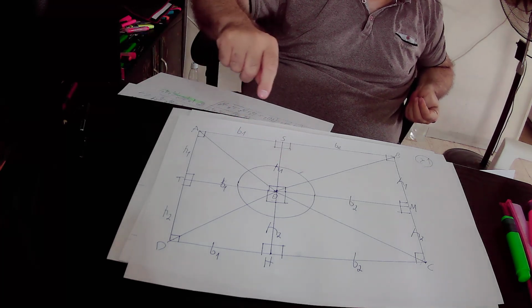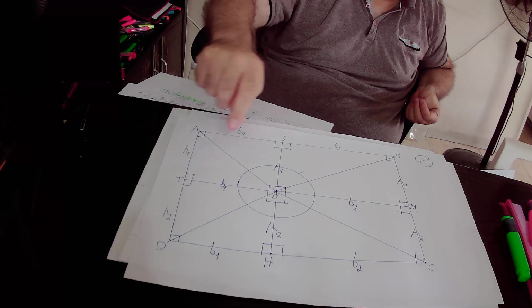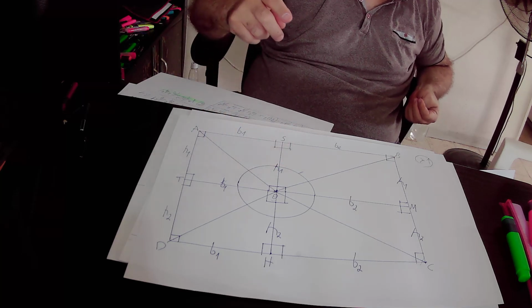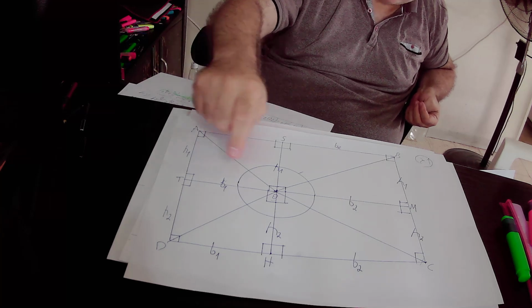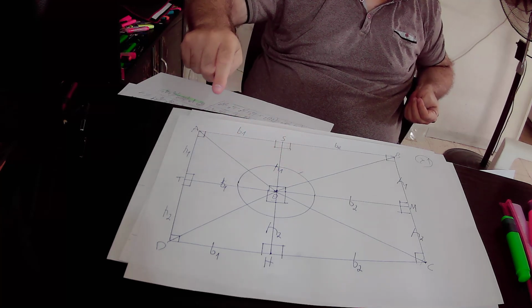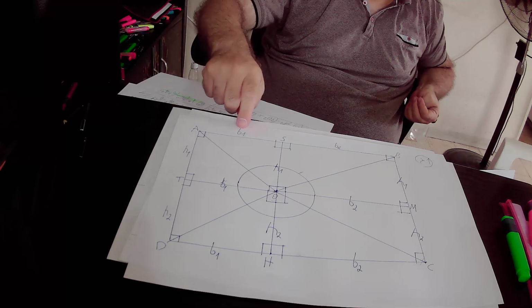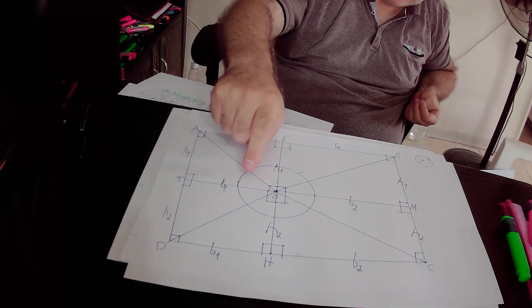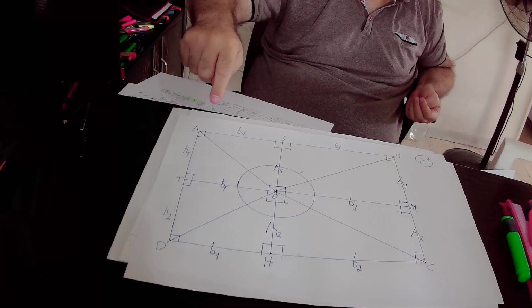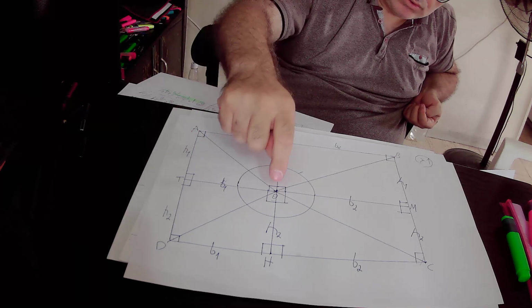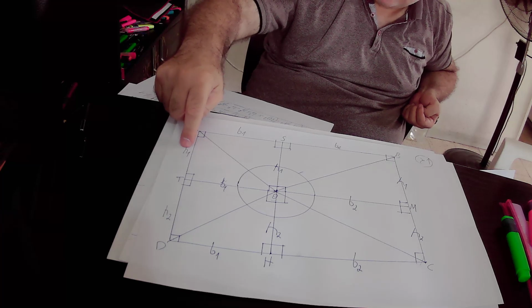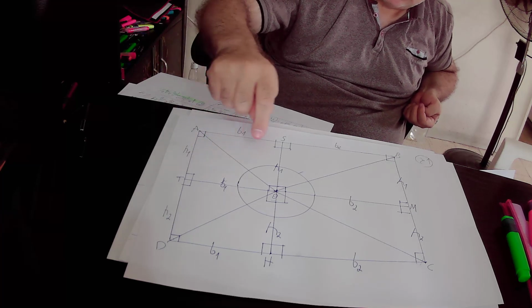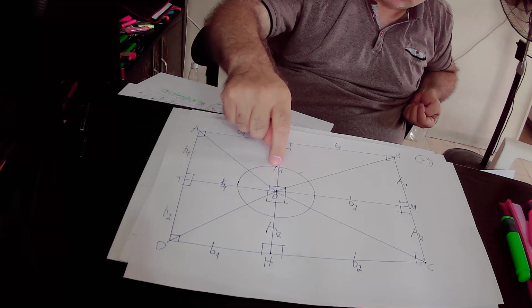We know that the opposite sides of rectangle ASOT are equal to each other. That is to say, AS equals TO. But AS equals B1, therefore TO must also equal B1. Likewise, AT equals SO, but AT equals H1, therefore SO must also equal H1.